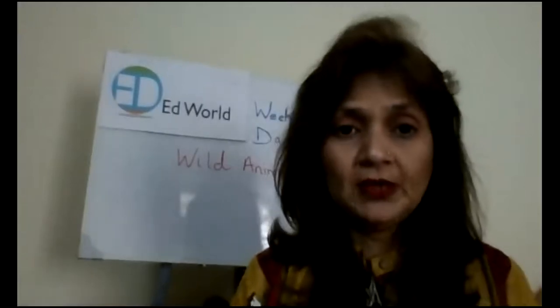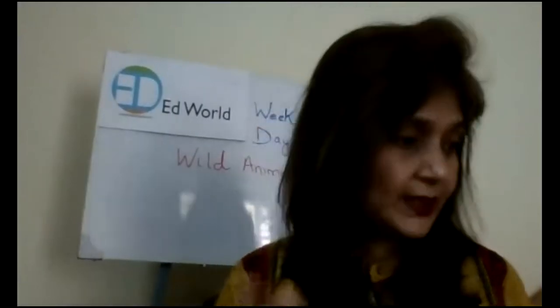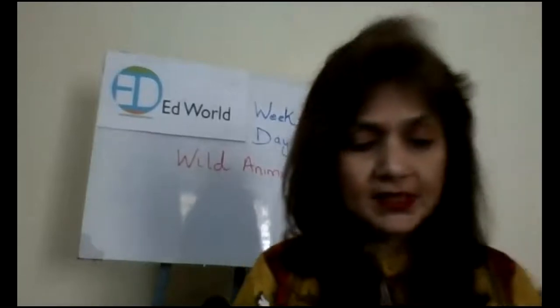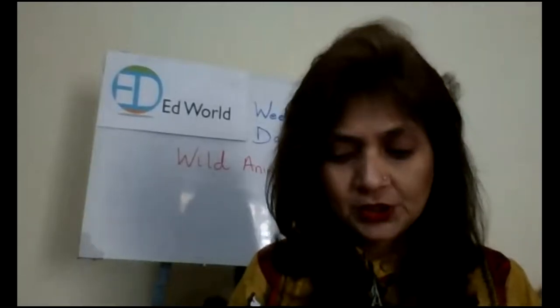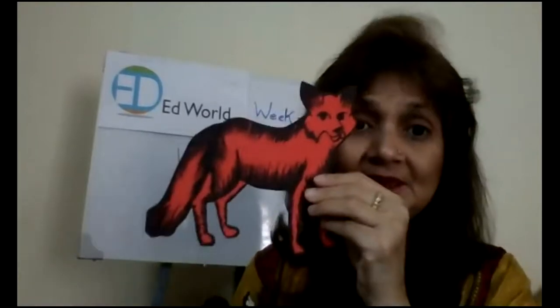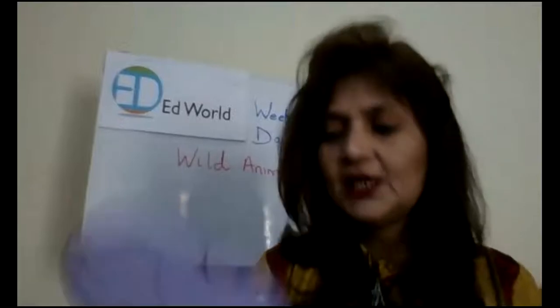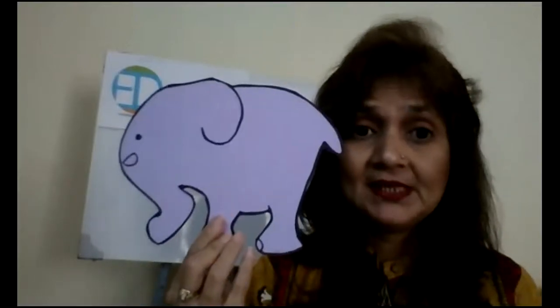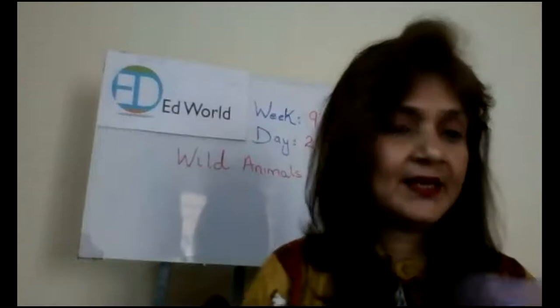Okay. So that means you just now saw the wild animals. We will discuss this in a minute. Now let me show you a few pictures of some other animals. Which animal is this? It's a fox, correct? Which animal is this? It's an elephant, correct?